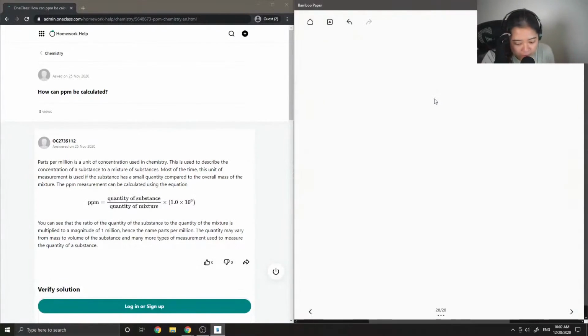Okay, so question 1 asks, how can ppm be calculated? Okay, so ppm is the short version for parts per million.